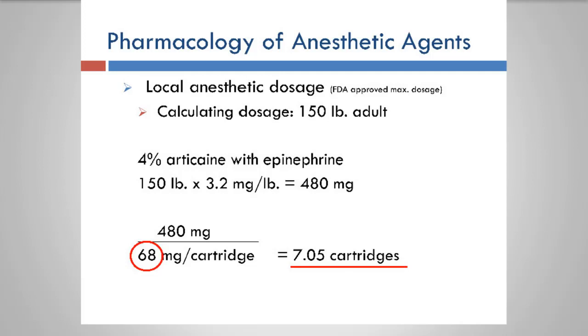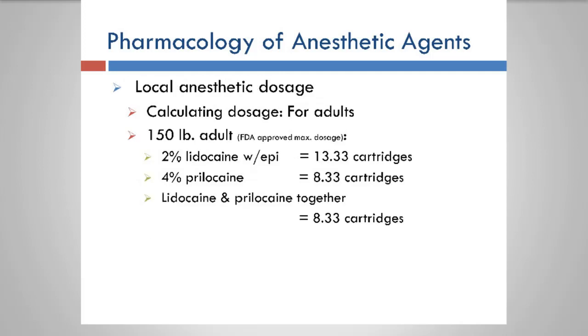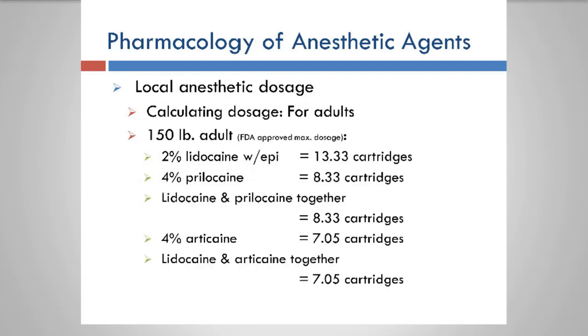And where this really becomes important is if we start combining our anesthetics. If we combine lidocaine and prilocaine, or lidocaine and articaine, it's the 4% solutions that limit how much we can give. For example, if I'm going to do a procedure on 4 quadrants, 4 wisdom teeth, I might easily drop 2 cartridges per quadrant.